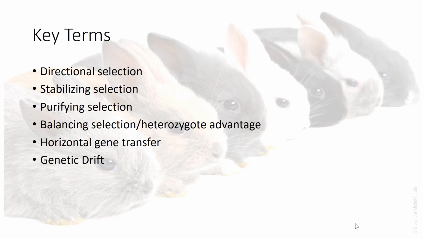Genetic drift, these are random genetic changes. The mechanism underlying the random genetic changes can really be anything, but these are genetic changes that are not the result of some genotype having an advantage over another.